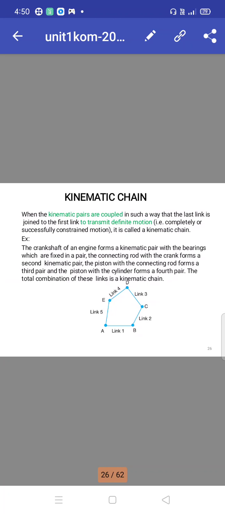Then kinematic chain. When the kinematic pairs are coupled in such a way that the last link is joined to the first link to transmit definite motion, a completely or successfully constrained motion, it is called a kinematic chain.